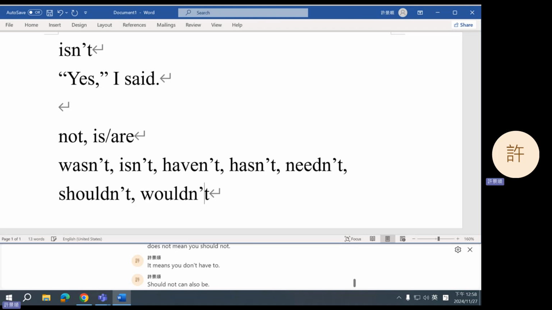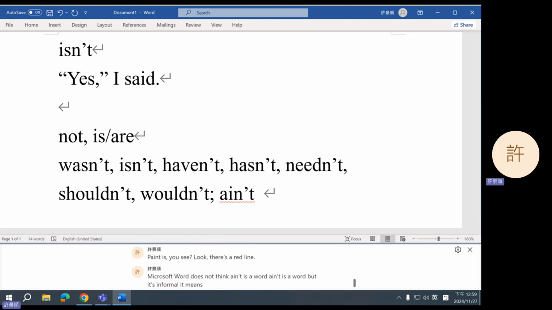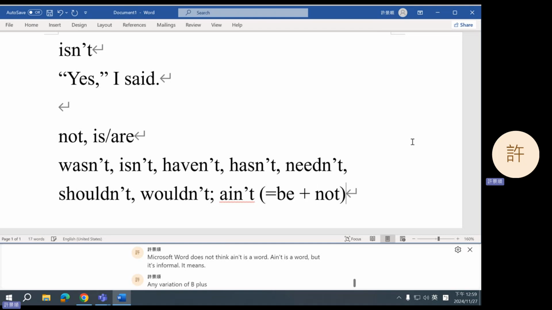And then you have wouldn't, and then you have less formal contractions such as ain't. Ain't is, you see, look, there's a red line. Microsoft Word does not think ain't is a word. Ain't is a word, but it's informal. It means any variation of be plus not.